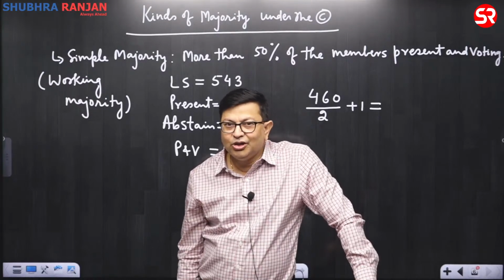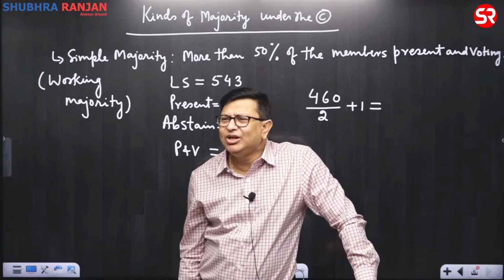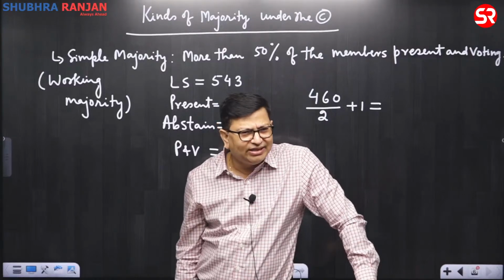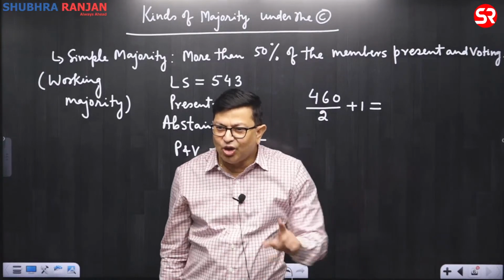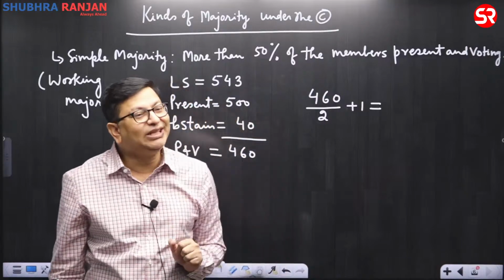So, you will not ask, sir, why did you say that simple majority is required if it is not written anywhere? No, it is not written anywhere. That is why simple majority is required.